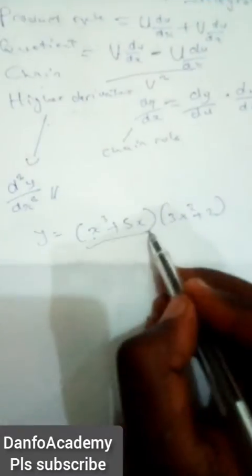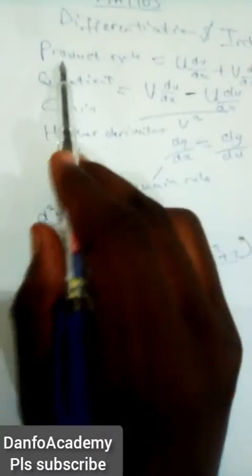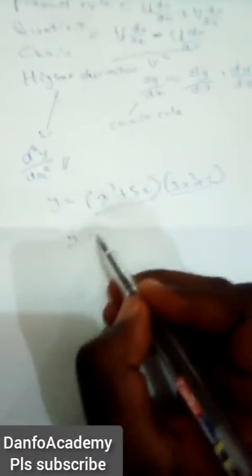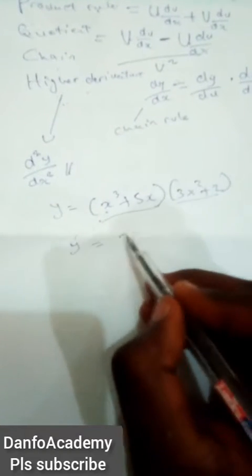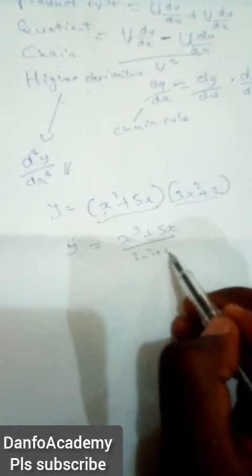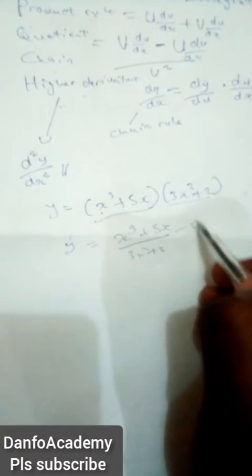This is one multiplying the other, so you have to use the product rule. For the quotient rule, it must be division. Let's say you have x cubed plus 5x divided by 3x squared plus 2. This is division, so you have to use your quotient rule.